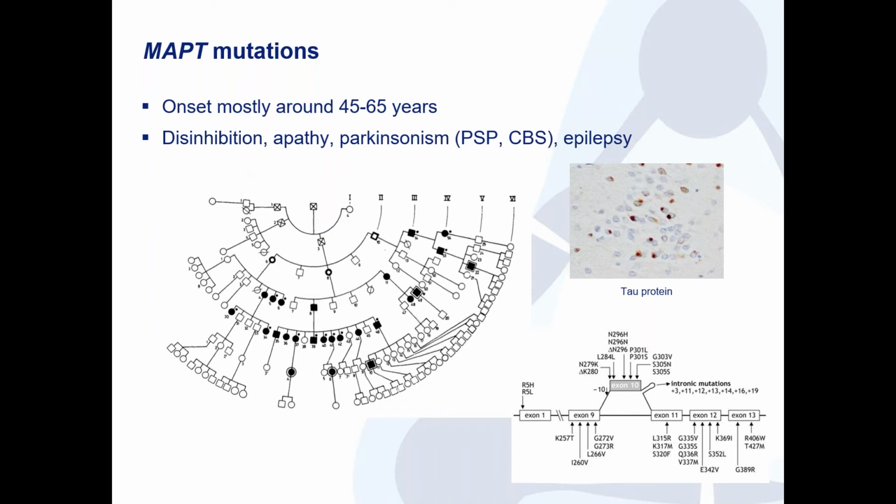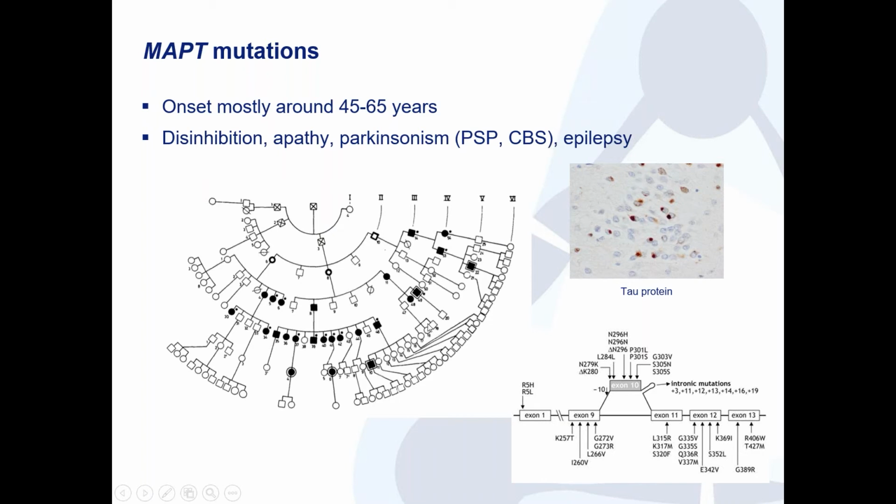Onset usually arises around the age of 45 to 65 years. The symptoms usually include disinhibition or apathy, but a frequent clinical manifestation is corticobasal syndrome, and some patients also suffer from epilepsy.